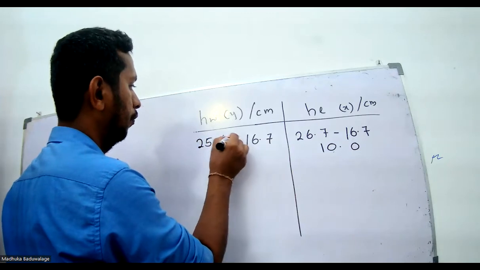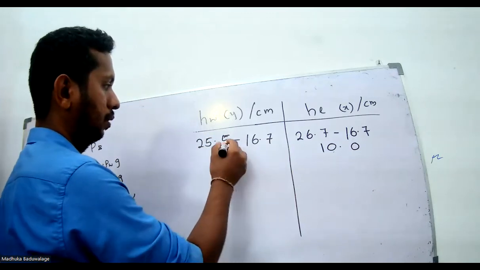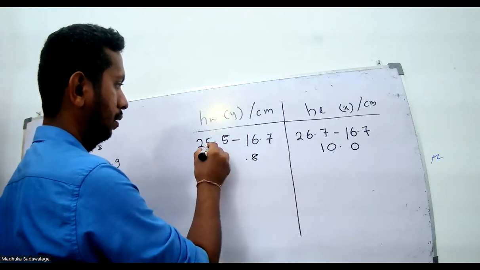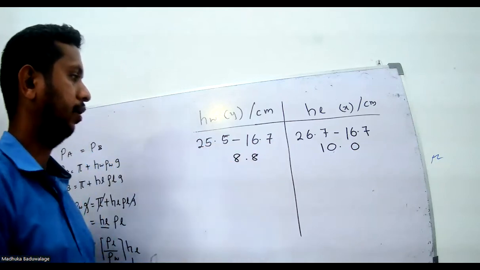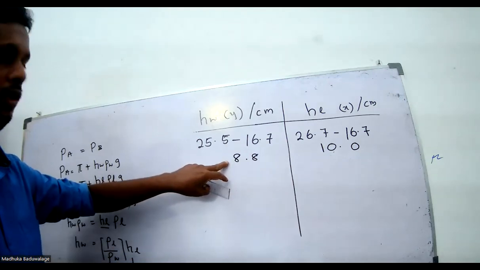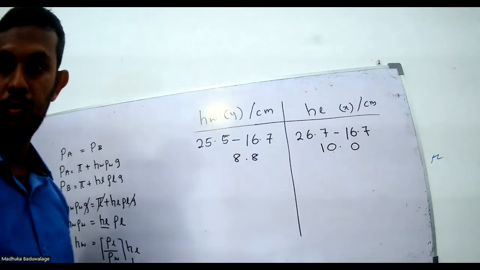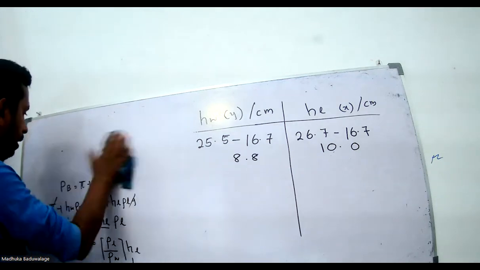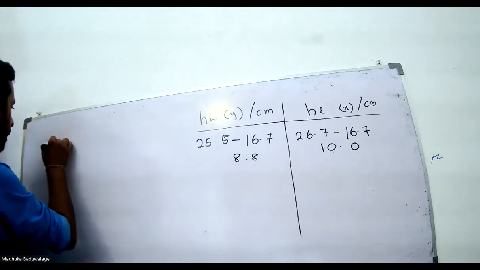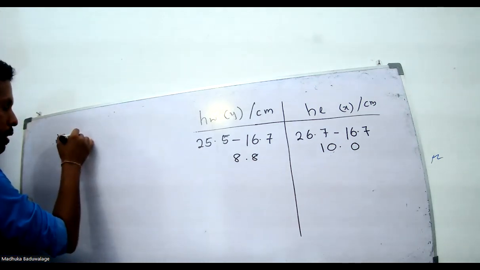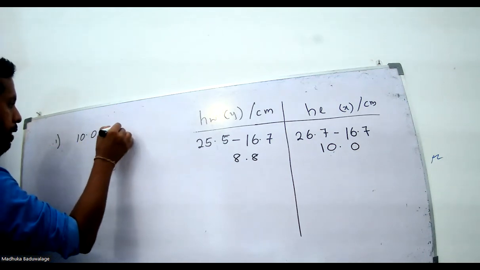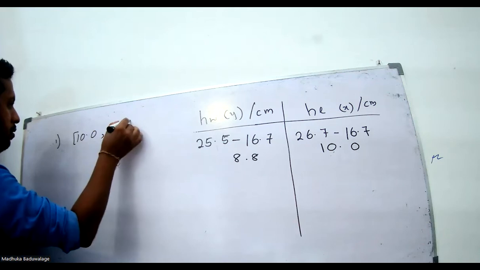Now, the height of the water column is 8.8. So I am going to write down my first coordinate: 10.0, 8.8. This is my first coordinate.